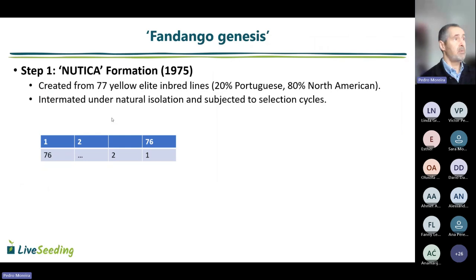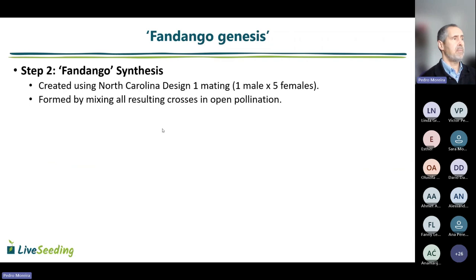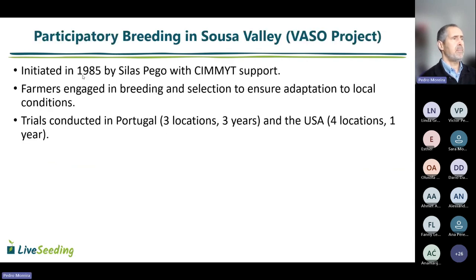This is a repetition of the Nutica formation, and then the silage period started in '85 with CIMMYT support, because at the time Wayne Egg, a breeder from CIMMYT, passed through Portugal and saw the population, and at the time there were about 10 tons per hectare with the population, and he saw that we had a population that provides 10 tons.